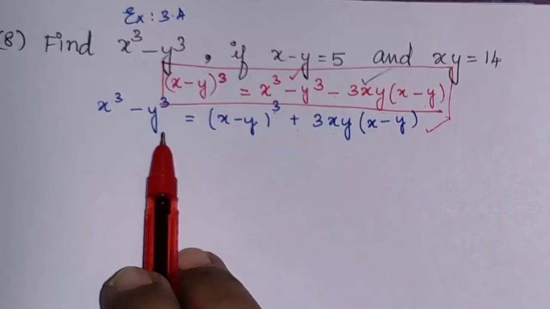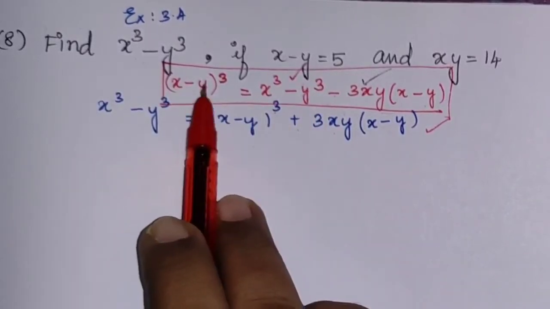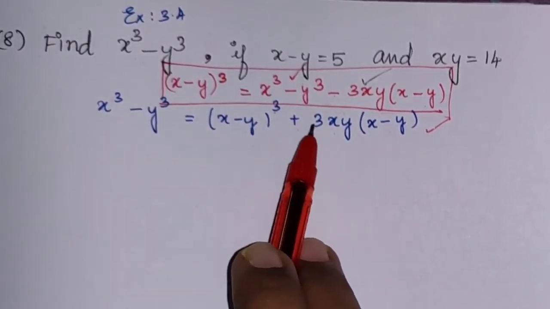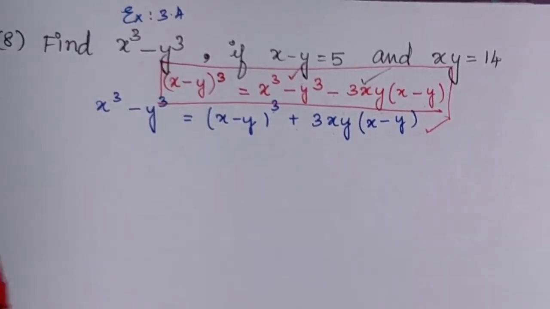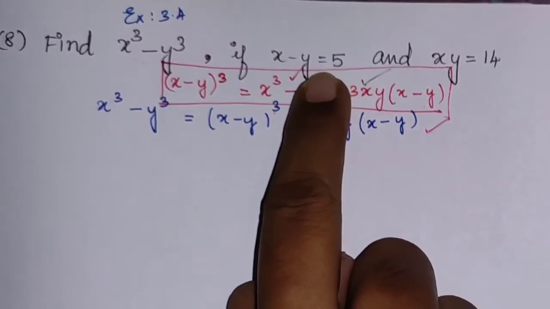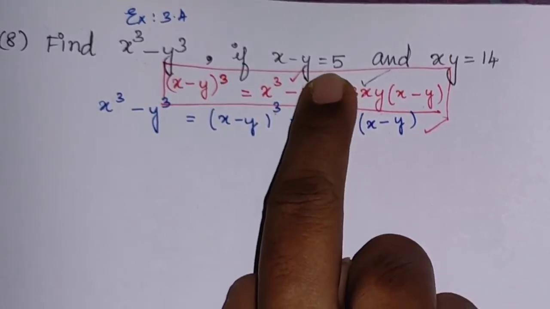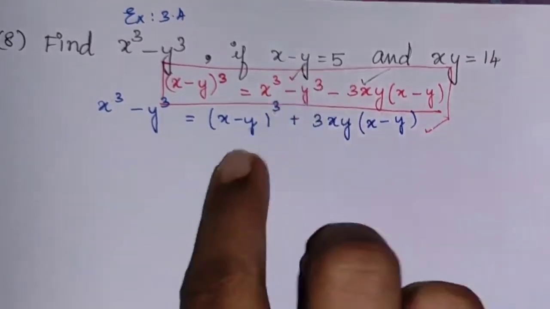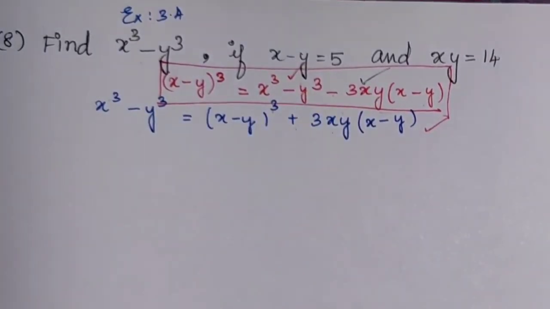Okay, so x cube minus y cube is equal to x minus y the whole cube. Take this whole term to the other side, so it will become plus 3xy into x minus y. Here x minus y is equal to 5 is given in the question. Also the xy value is given. Just substitute these values in this formula and find the answer.